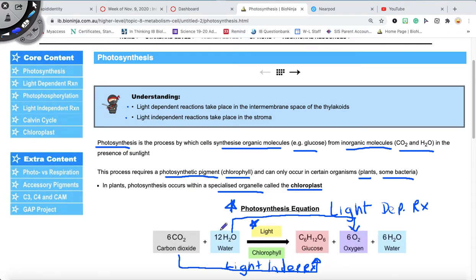Now, you might be wondering, wait a minute, why does this have 12 molecules of water and this have 6 molecules of water? This is not usually how you've learned the photosynthetic equation. Well, just keep in mind that the photosynthetic equation that you usually see in books is the net version of photosynthesis that appears like this, right?